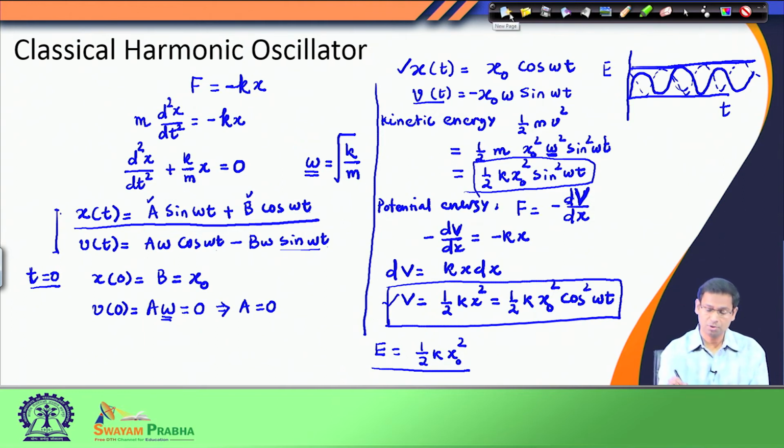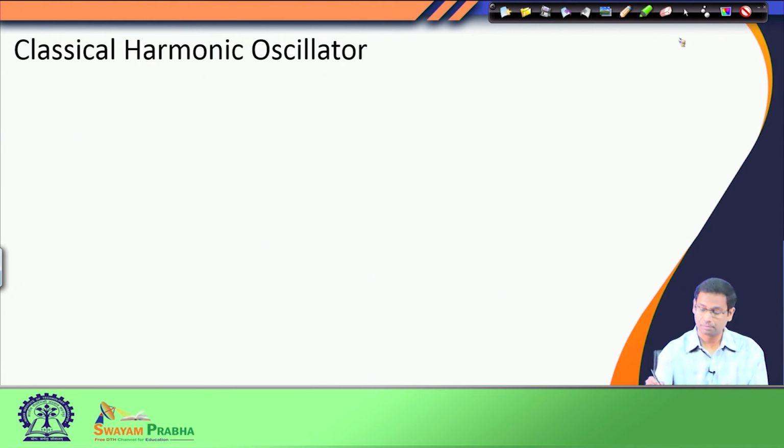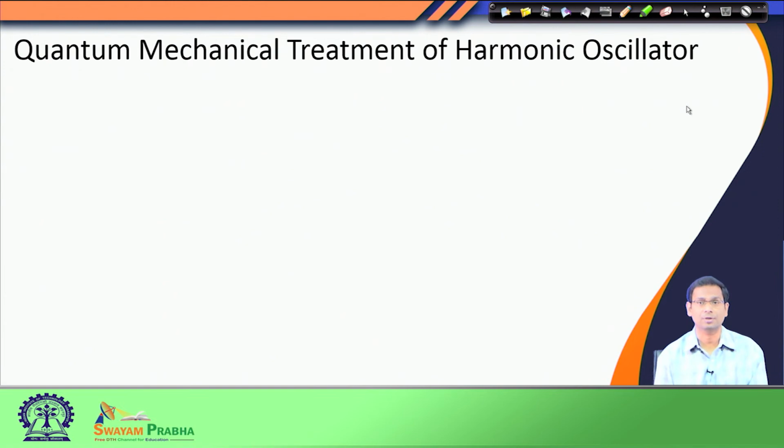Now, we would continue our discussion for the quantum mechanical treatment of this harmonic oscillator. If you remember the postulates of quantum mechanics, it says that everything that we need to know is there in the wave function, and if we want to know anything in particular about that system, we must use the operator corresponding to that observable.